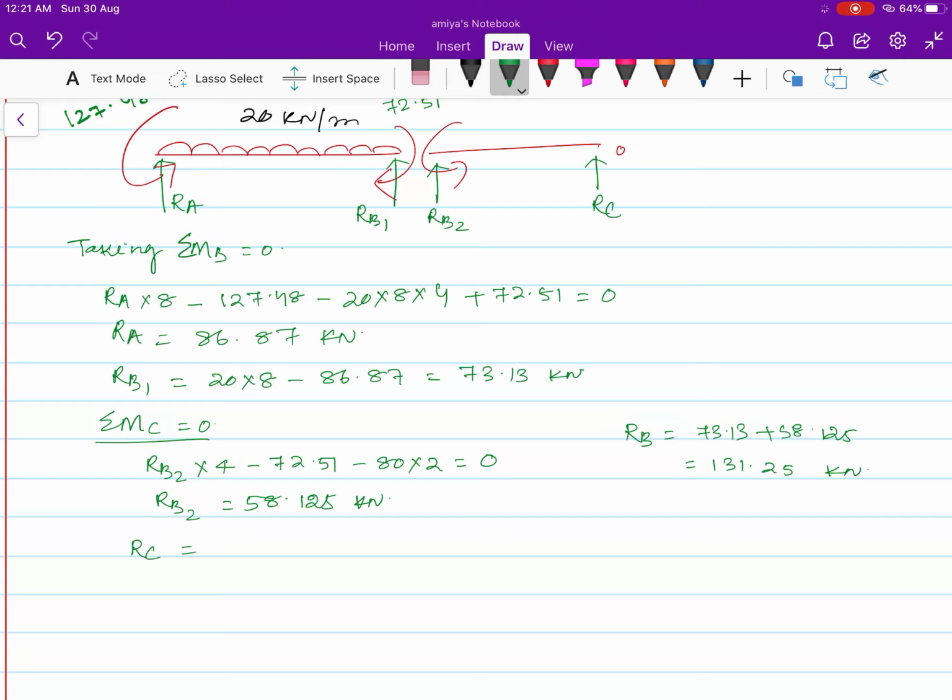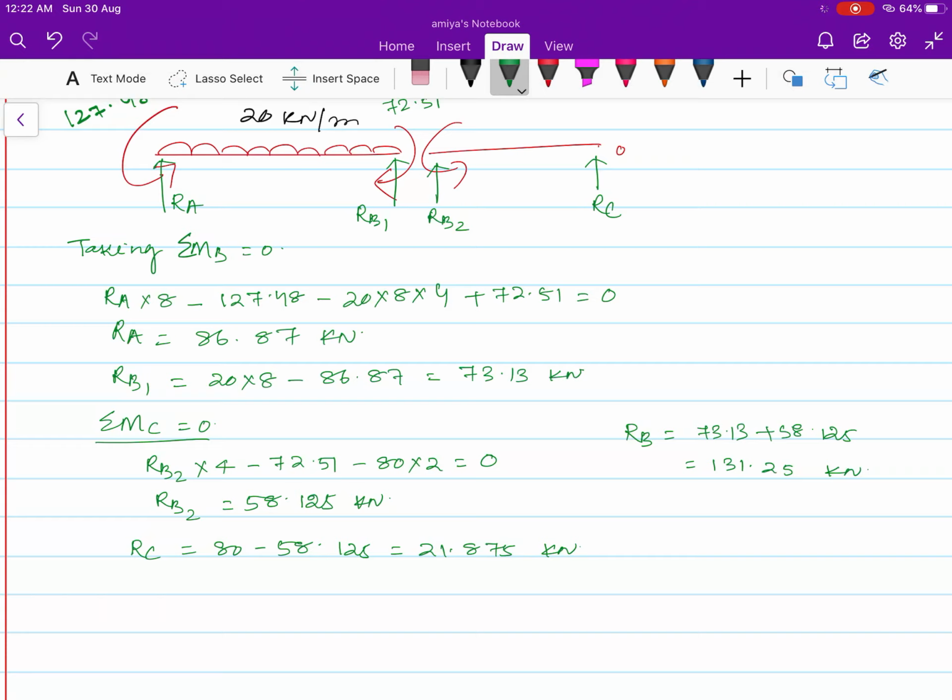RC is 80 minus 58.125, which gives us 21.875 kilonewton.